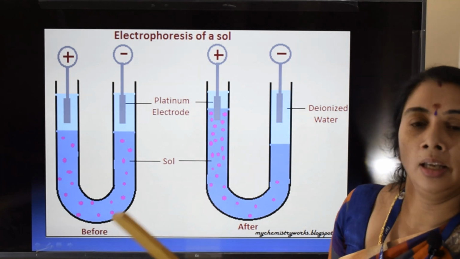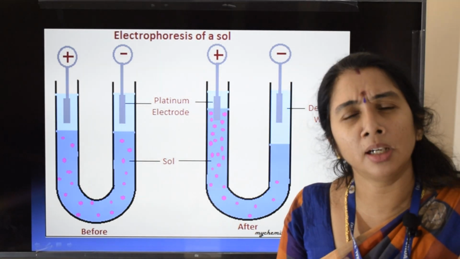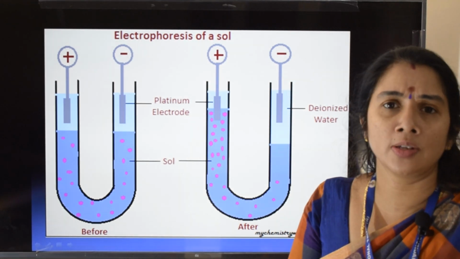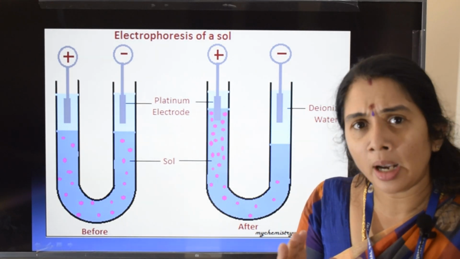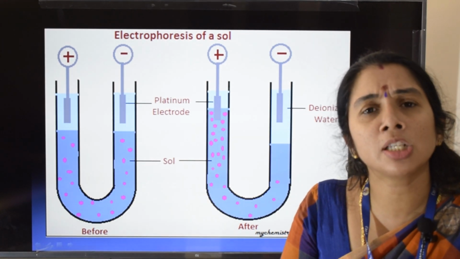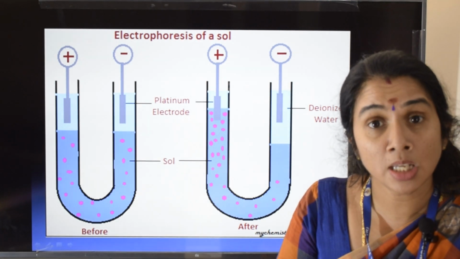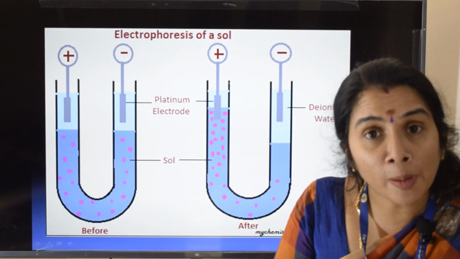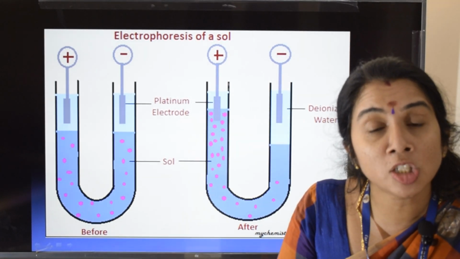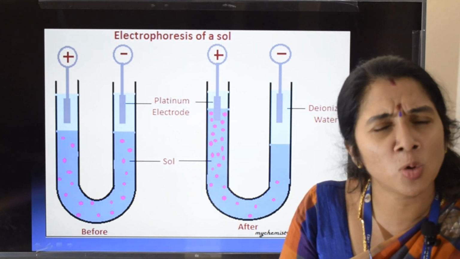But now, if by some method I stop this electrophoresis, that means when supplying electric current to the medium, I am not allowing the particles to move towards the electrode. I am stopping electrophoresis. That is, the movement of colloidal particles towards the oppositely charged electrode is restricted by using a membrane or by any method.